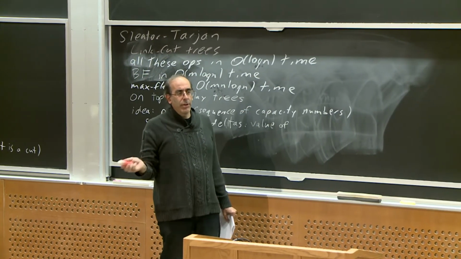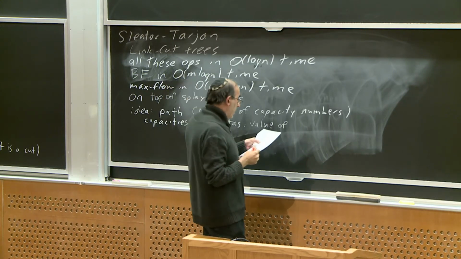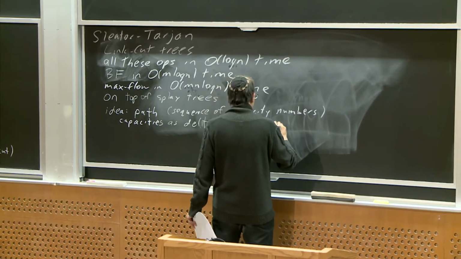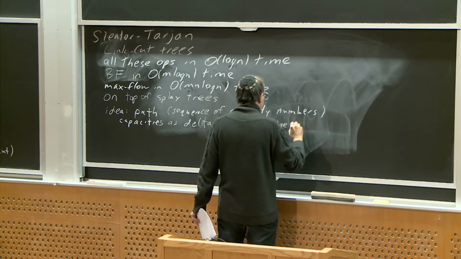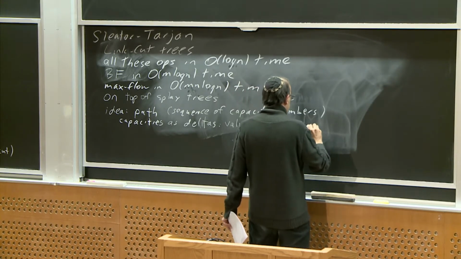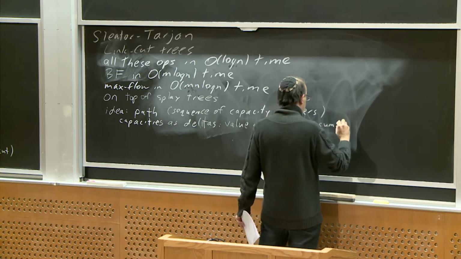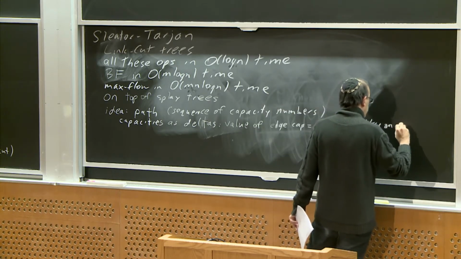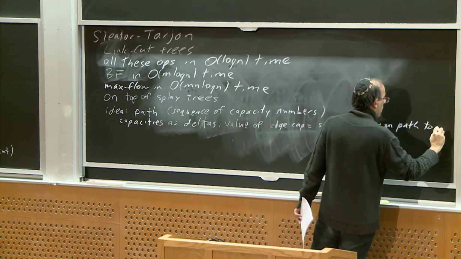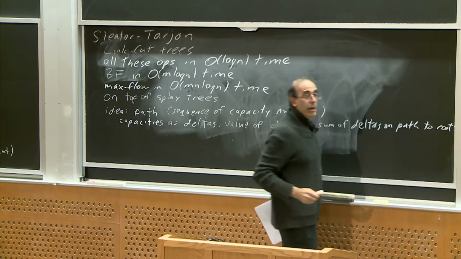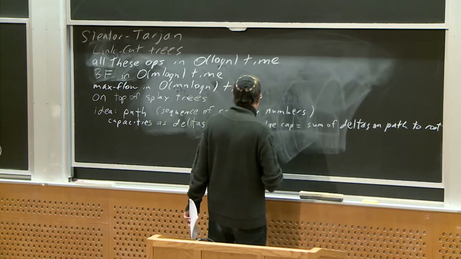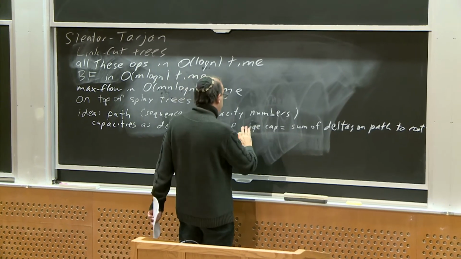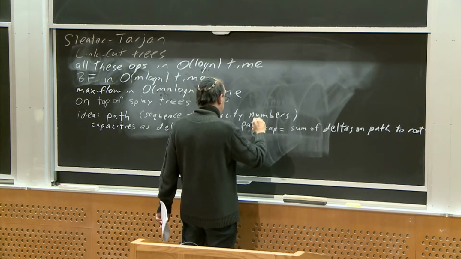I'm going to make sure that all of the edges kind of stay at the, no, sorry, take that back. So the value of an edge capacity is determined by the sum of the deltas on the path to the root from that edge. And here, this is not a tree edge, right? This is an edge of the path. So let me write path edge.